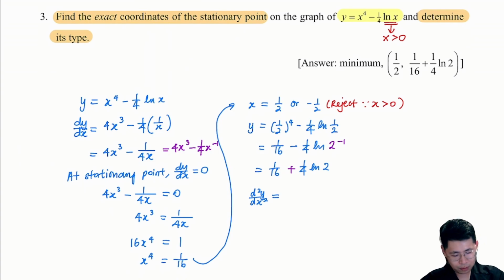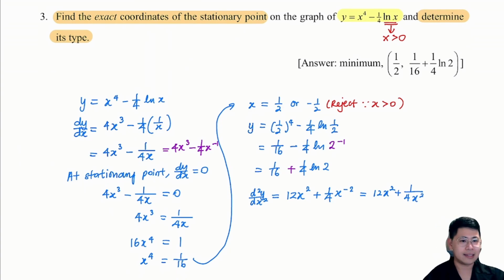Okay, so over here, let's differentiate. Bring the power down, power minus 1. Bring the power down, power minus 1. So with this, I have 12x squared plus 1 over 4, then the x can go into the denominator, so 1 over 4x squared. With this, I will put in the value half.